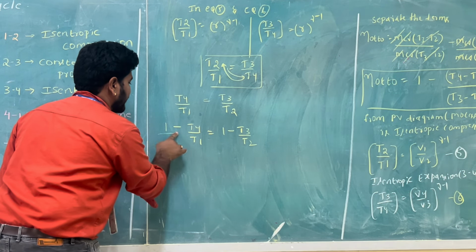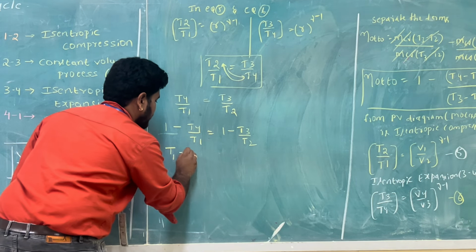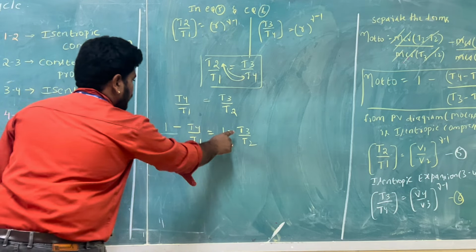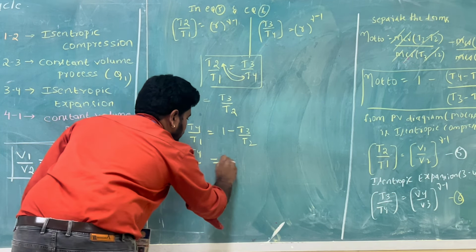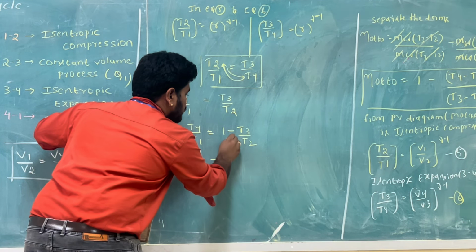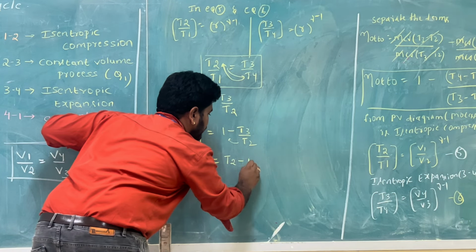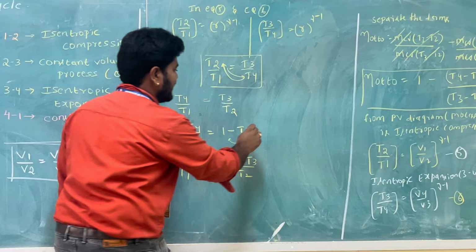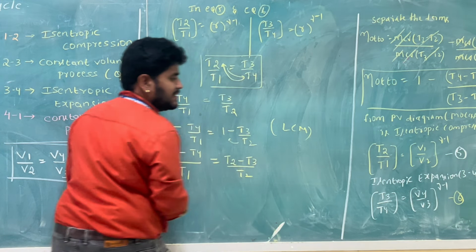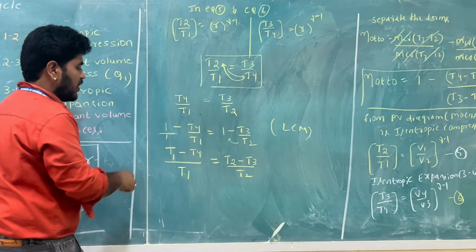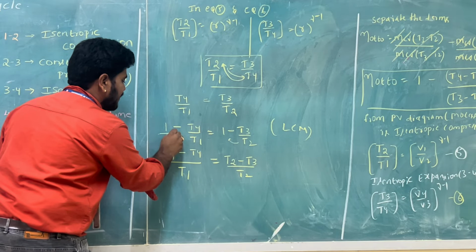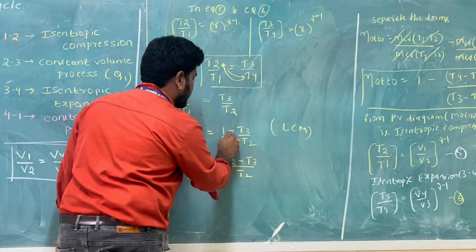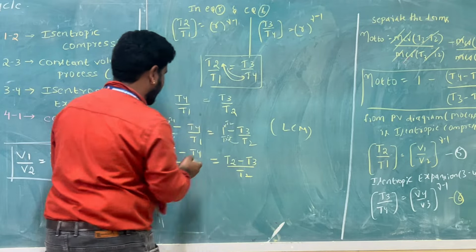So I get (T1 minus T4) divided by T1 equals, again taking LCM, (T2 minus T3) divided by T2. Understood this one? I am taking LCM. Here I have 1, so I want to get T1 here; multiply by T1. Similarly, here also I have 1, so multiply by T2. So I get T1.